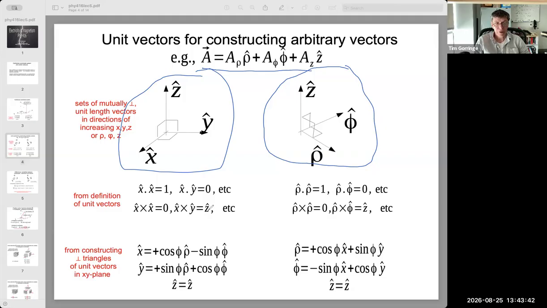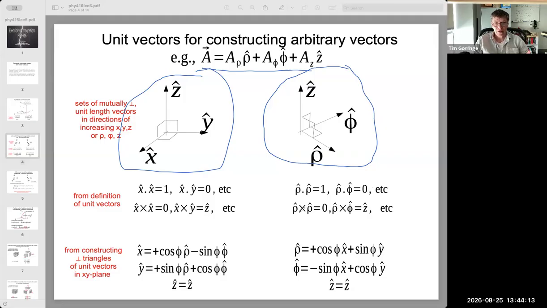There are very similar properties for the dot products and the cross products and orthonormality of the cylindrical unit vectors. So they are of length one. They're at right angles to one another. So rho dot rho, as an example of a dot product of like unit vectors, is one. Rho dot phi, as a dot product of two unlike unit vectors, is zero.